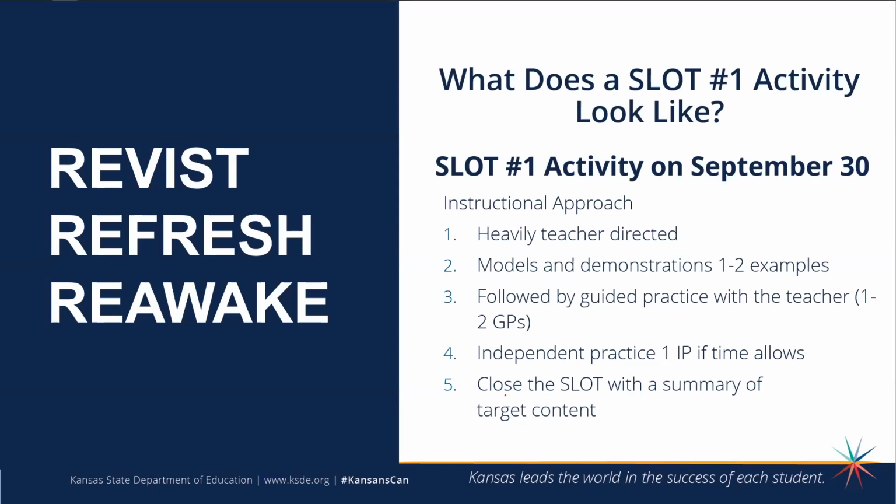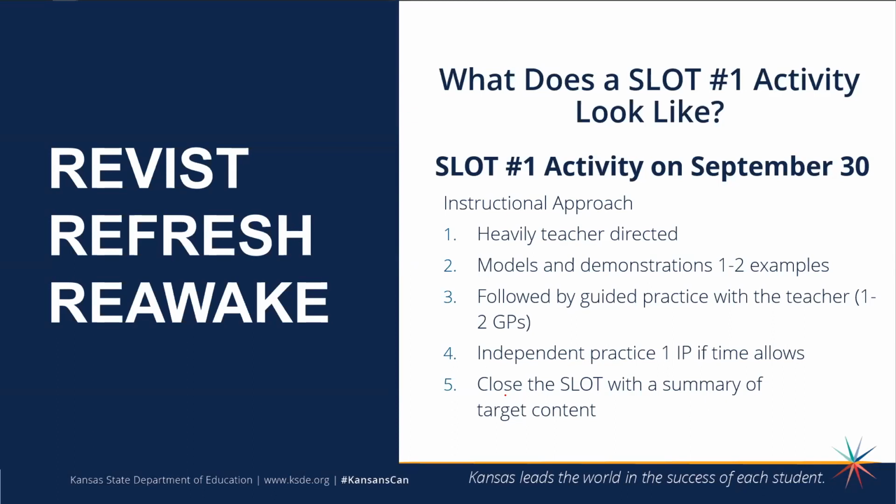And then the most important thing, what is often left out when I coach the slot strategy, is that teachers forget the close or the summary. So they do a wonderful refresh and reawakening and the modeling, and you can see that the kids are starting to come back. And then they say, okay, wrap it up, put it away. You've got to summarize the activity.